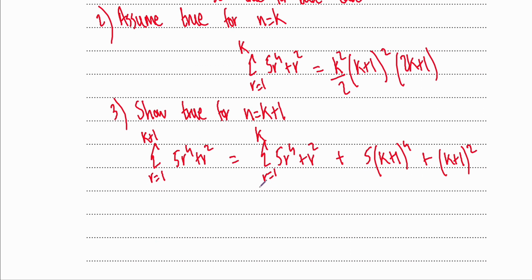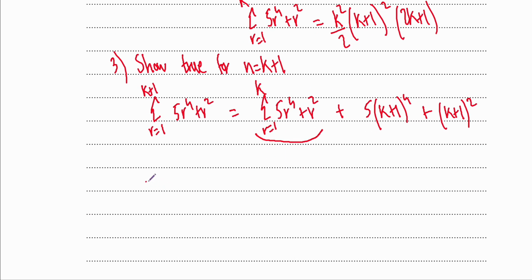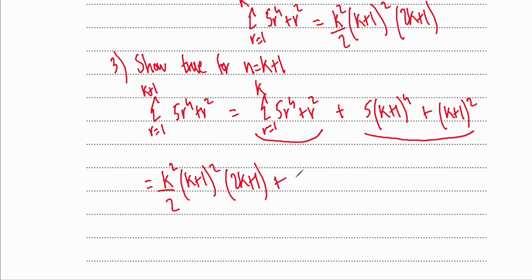Okay. And we know what this is, right? We already have this given to us. That's this right here. So now this is equal to k squared, k plus 1 squared, 2k plus 1 divided by 2, plus, and now we have these things right here. So we have plus 5 times k plus 1 to the power 4 plus k plus 1 squared.